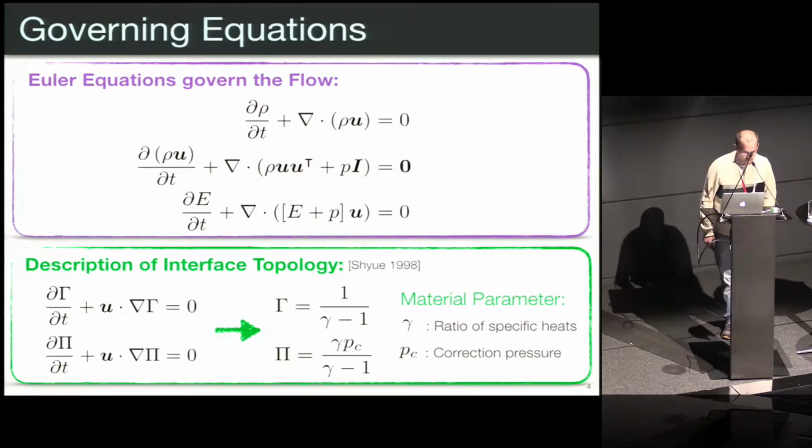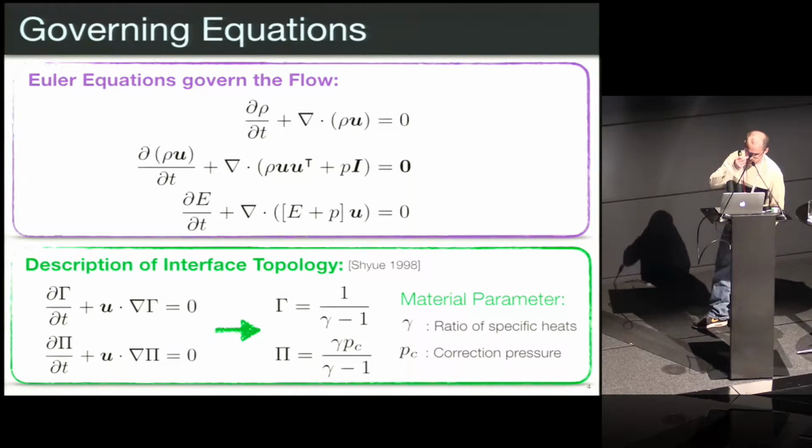And to describe the interface we encounter in our flows, we use 2 additional transport equations which advect 2 scalar functions, capital gamma and capital pi, which depend on material parameters, lowercase gamma, which is the ratio of specific heats, and pc, which is a correction pressure used to model tensile stresses in liquids. Both of these parameters must be determined empirically.